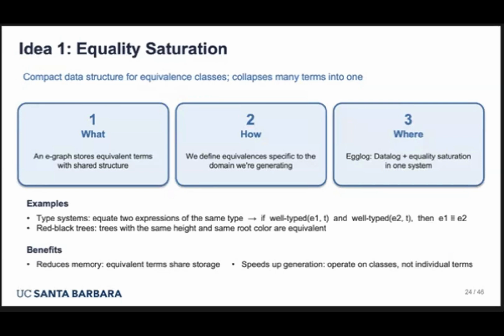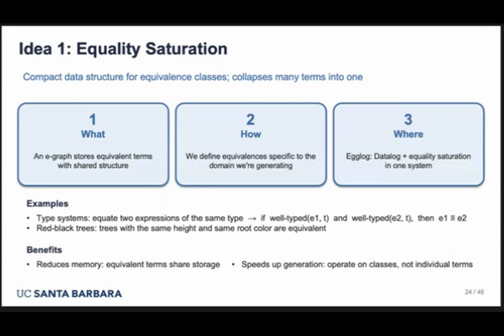And that's exactly how we can use it in generation: we have these equivalence classes and we can define what the equivalence is, so we can make it specific to the domain that we're actually generating for. You can see here some examples of how we could define equivalence depending on our domain. The first one shows type systems, and the obvious thing is we can equate two expressions of the same type.